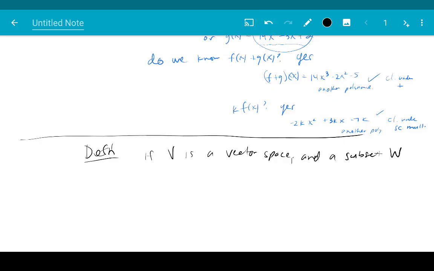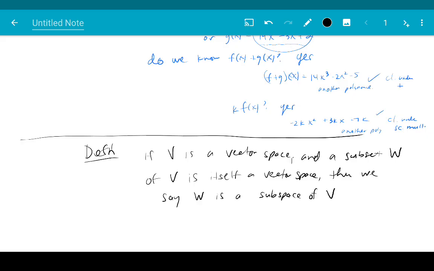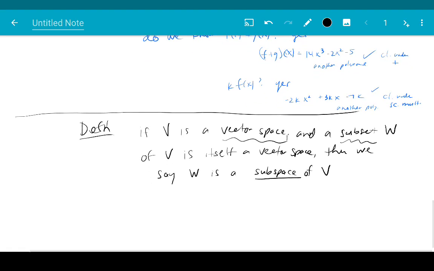If a subset W of V is itself a vector space, then we say that W is a subspace of V. So that word subspace is a combination of the word subset and vector space. If you have one vector space inside of another vector space, it's called a subspace.